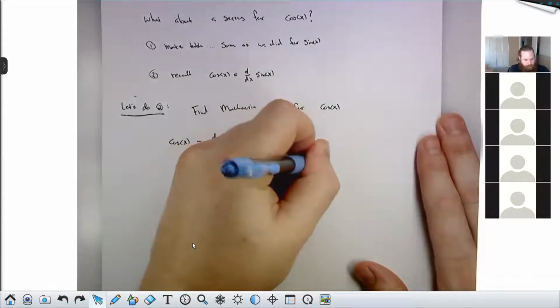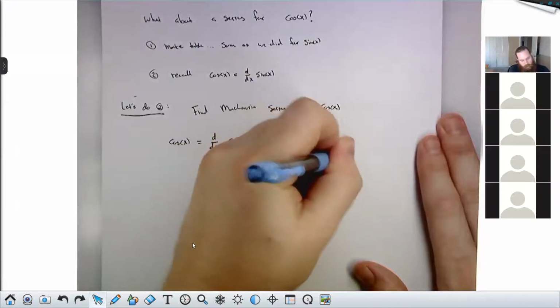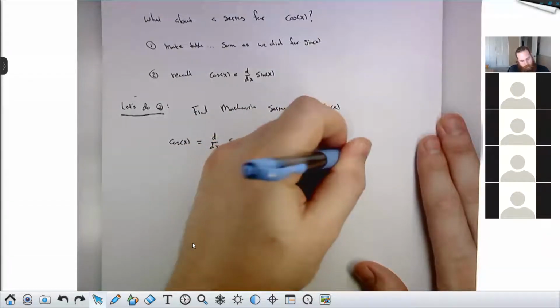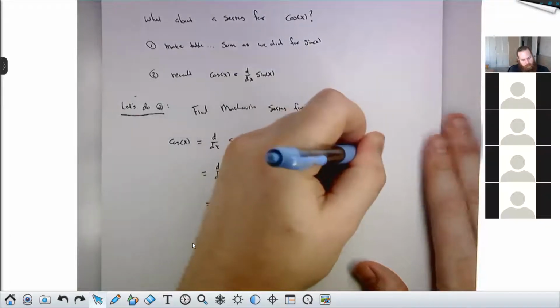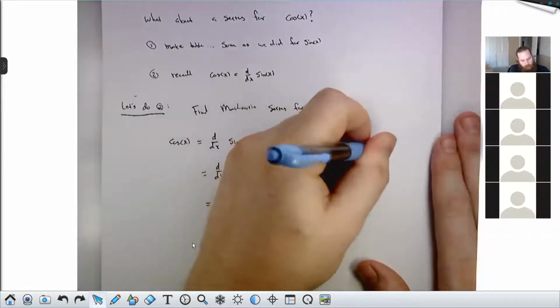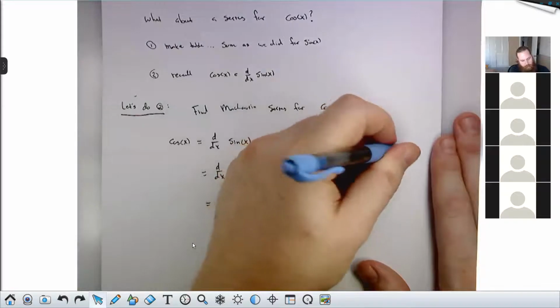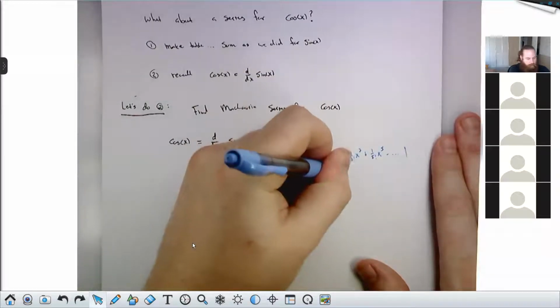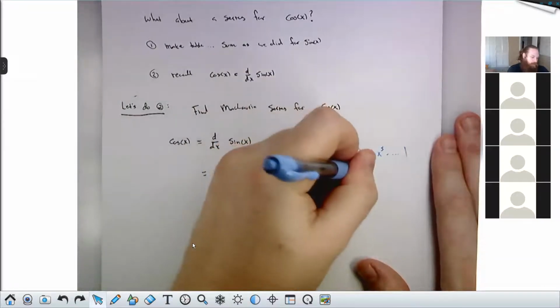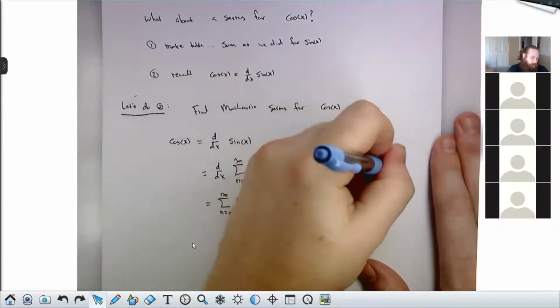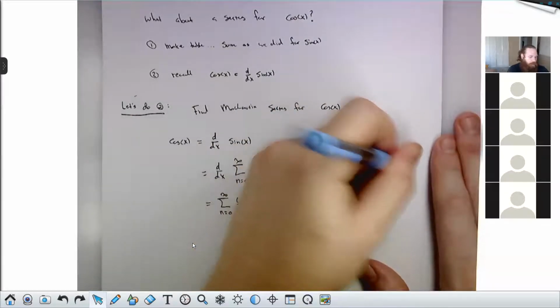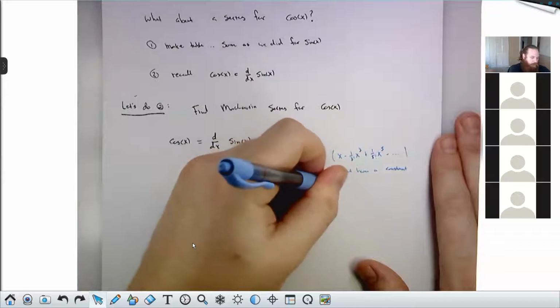This is d dx of x minus 1 over 3 factorial x cubed plus 1 over 5 factorial x to the 5 minus and so on. It does not have a constant term. So you don't bump the starting index.